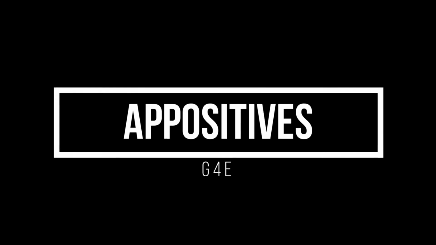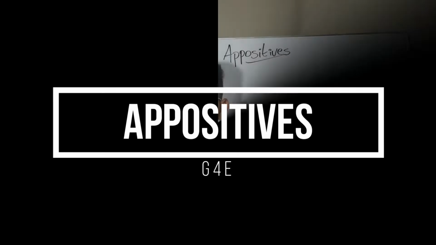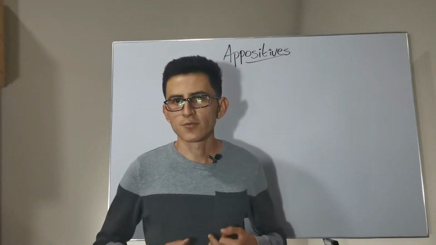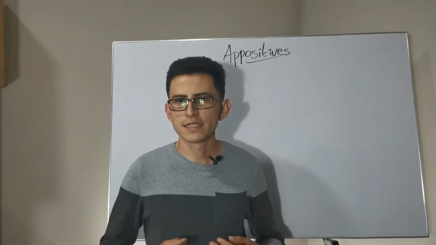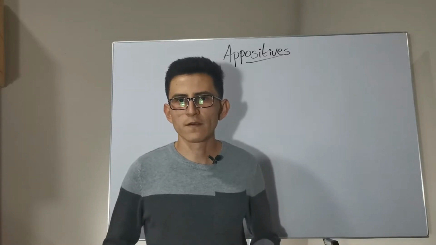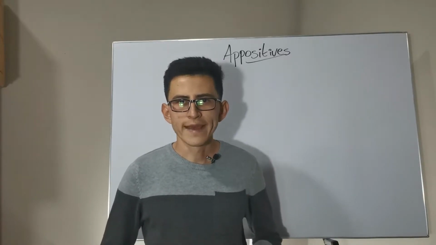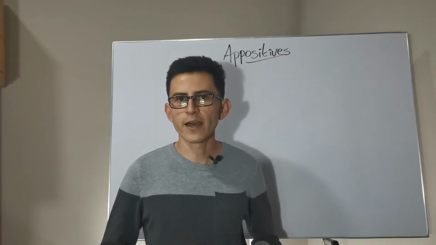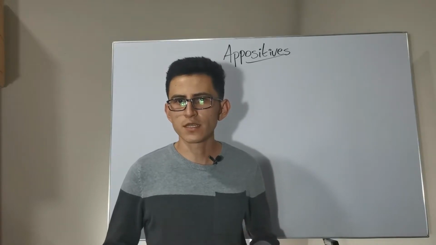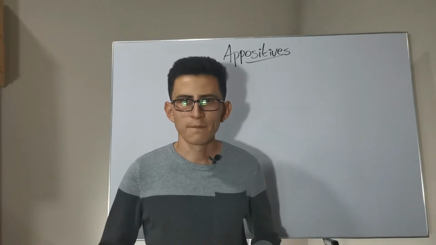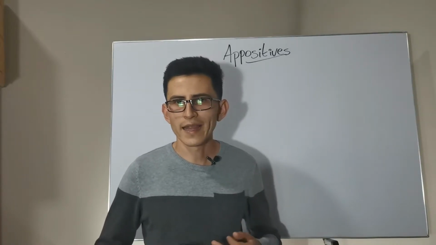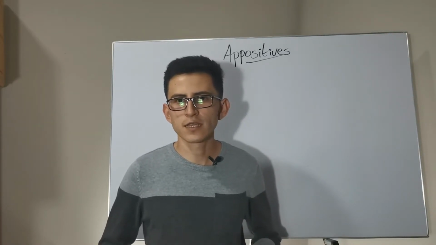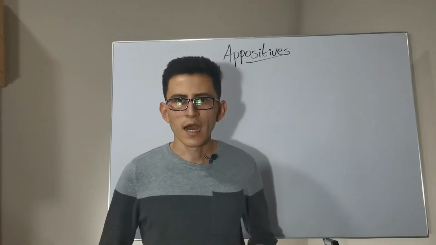Let's begin with appositives. The first thing that we have to know is that appositives are generally set off by commas. It means that we will find appositives between two commas, but this doesn't happen always. An appositive is a noun in apposition.